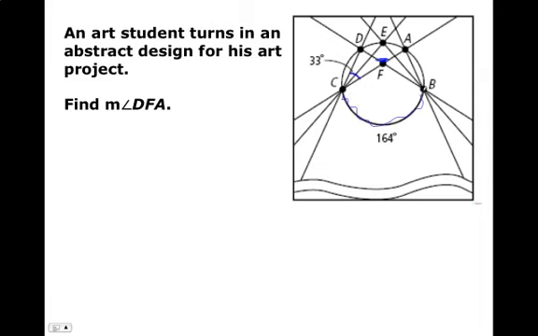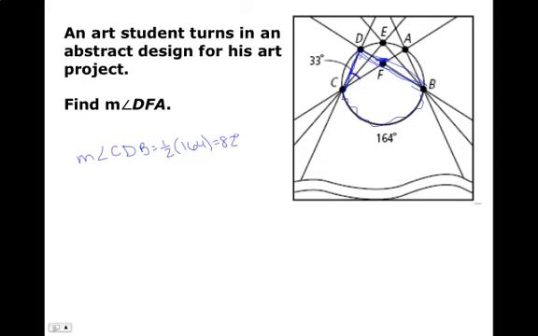If you follow this arc, we get an inscribed angle BDC. If we know that the whole arc is 164, the measure of angle CDB would be half of its intercepted arc, which is 82 degrees.